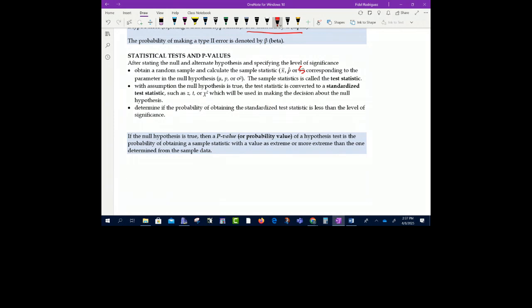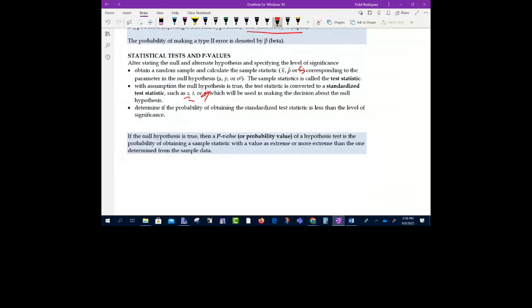The sample statistic is what we call the test statistic. With the assumption that the null hypothesis is true, the test statistic is converted to a standardized test statistic using either a Z or T score. I'm not going to do that funny looking X squared thing, which will be used in making the final decision about the null hypothesis.